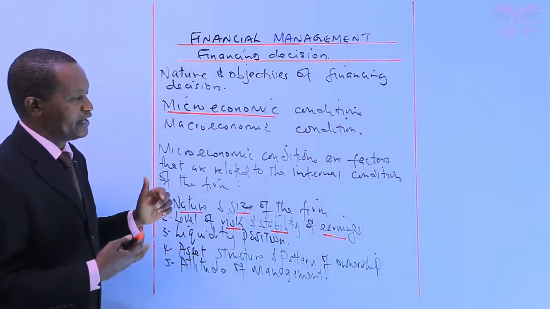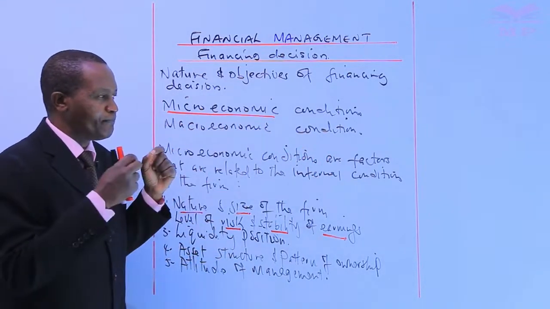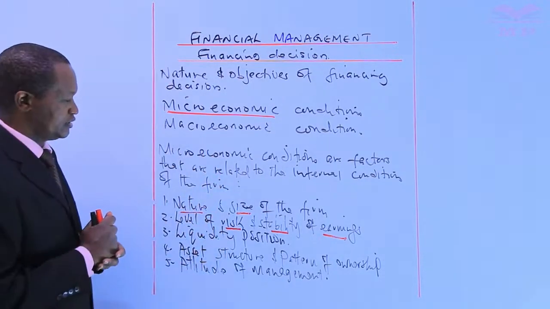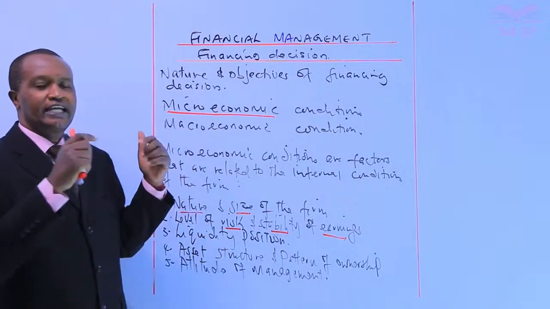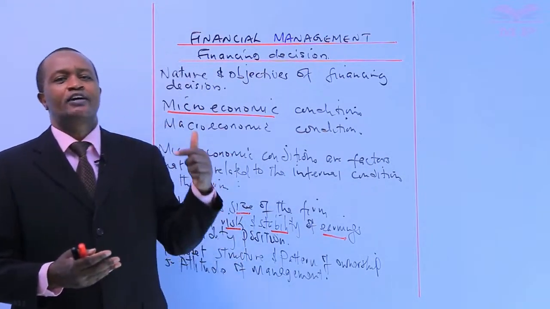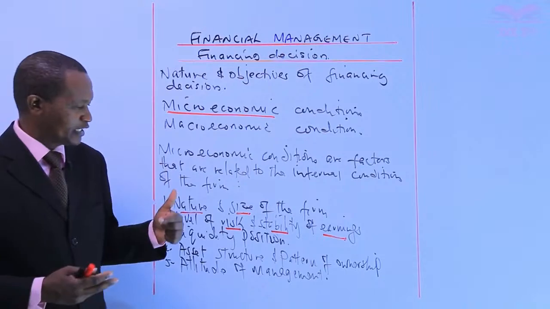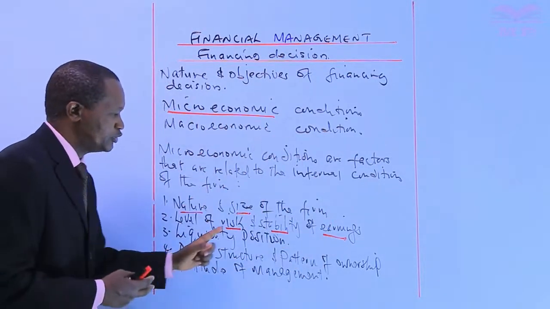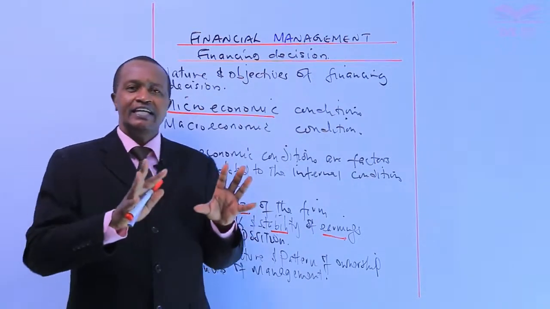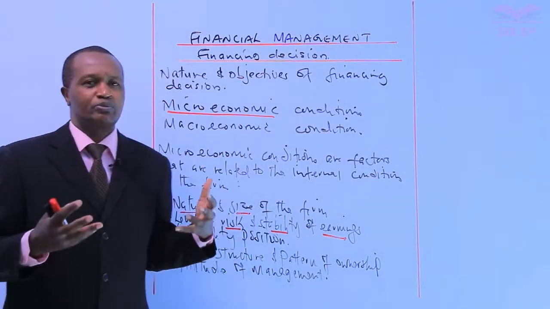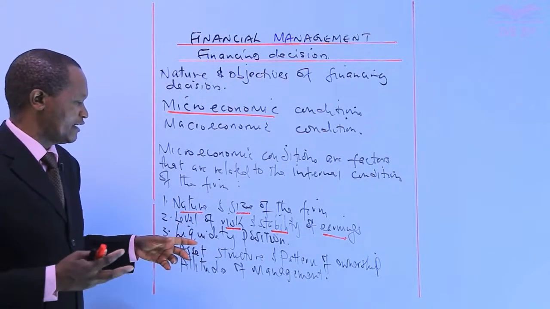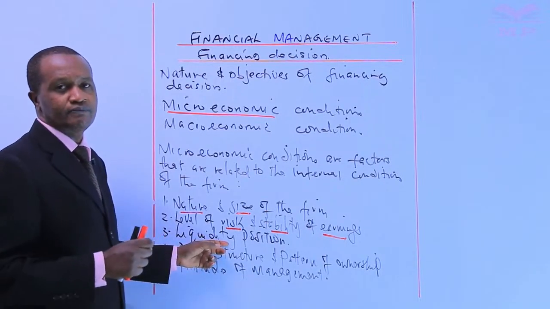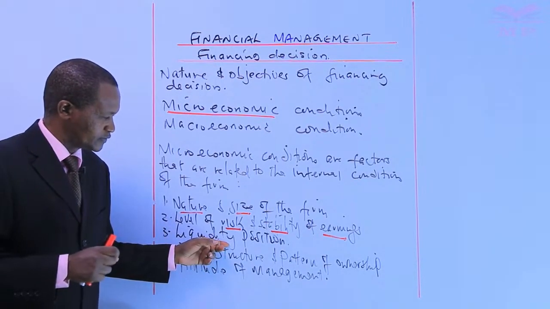Not liquid means a firm that does not have sufficient money or financial resources to meet its short-term obligations. A firm that is unable to meet its short-term obligations can be described as having what we call an unsound liquidity position. A firm that has sufficient money at its disposal to meet its short-term obligations has a sound liquidity position. Do you understand, candidates?